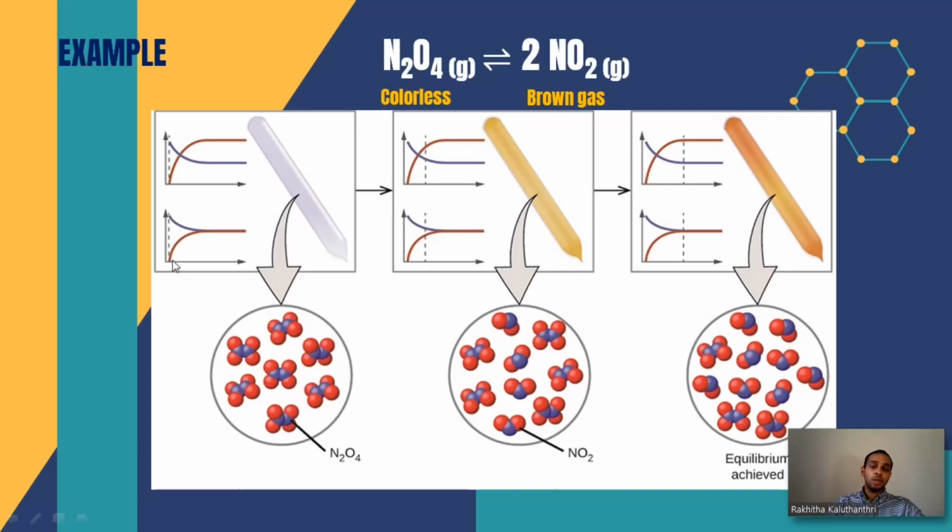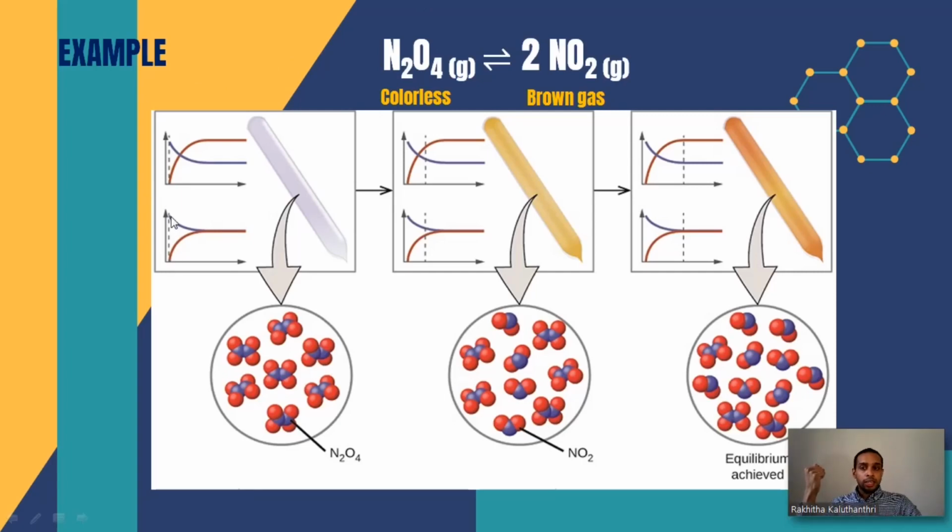But when N2O4 converts into NO2, little by little the NO2 concentration comes up. That means the rate of the backward reaction also increases. Why? Because when NO2 concentration goes up, the rate at which NO2 converts into N2O4 also goes up because of the concentration increase in NO2.